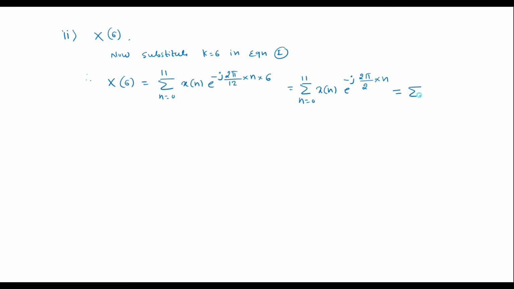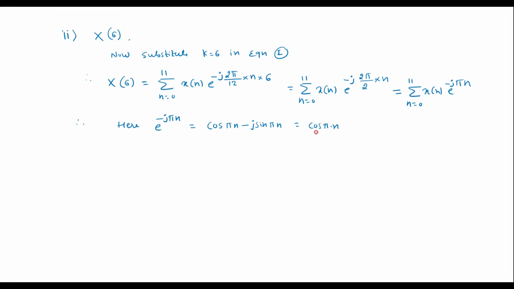Here 2 will get cancelled, and we get e power minus j pi n. Now e power minus j pi n is nothing but cos pi n minus j sin pi n, which is nothing but cos pi n, as the sine value will be 0.